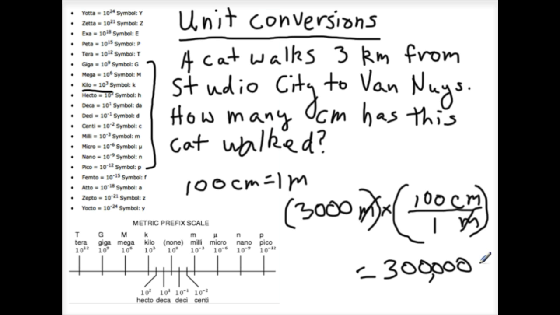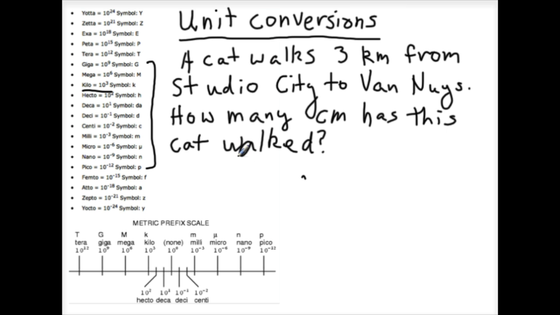And I find that the cat has walked a total of 300,000 centimeters. Now I did this in steps, but I could theoretically have done it all in one go as well. I could have begun with what I was given, 3 kilometers, multiplied that by something that would allow me to get rid of those kilometers.